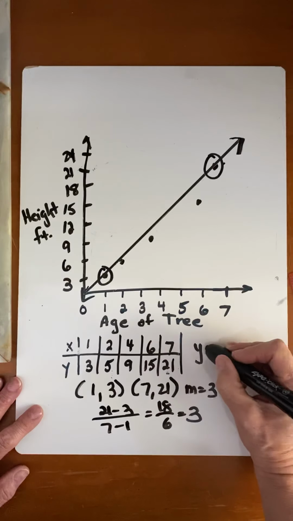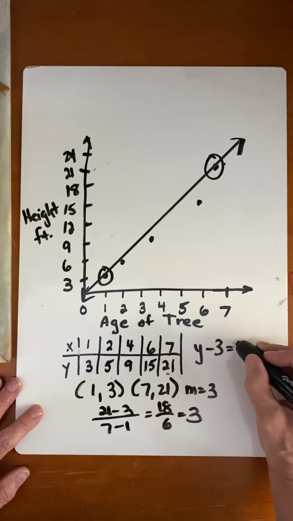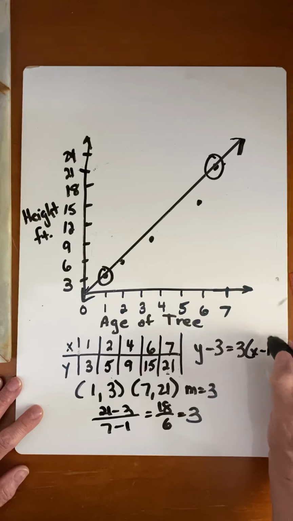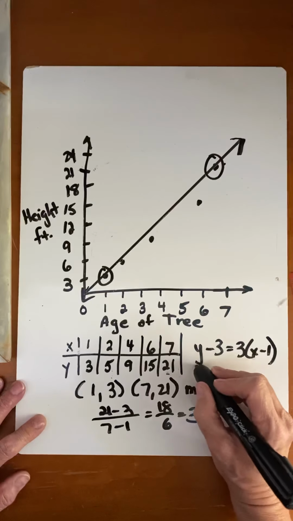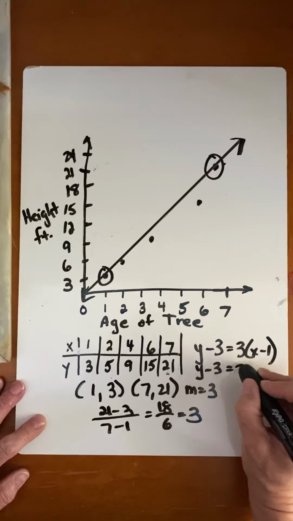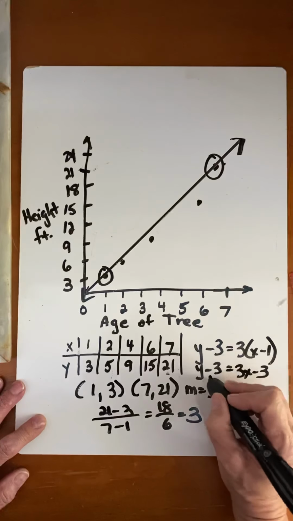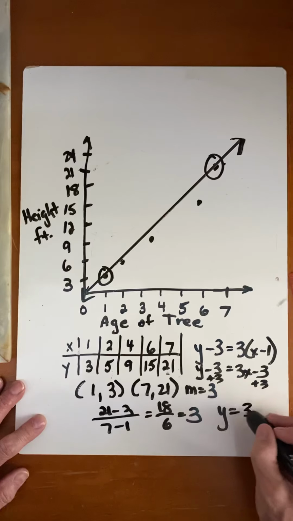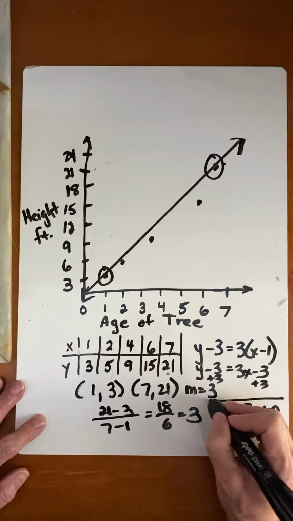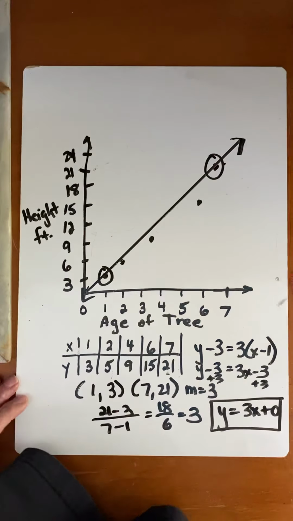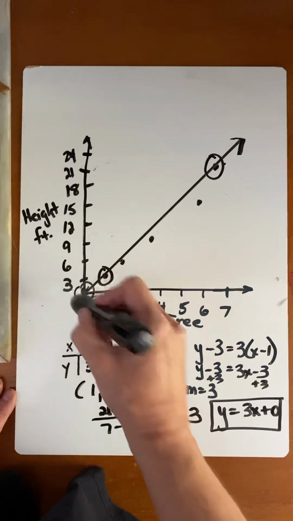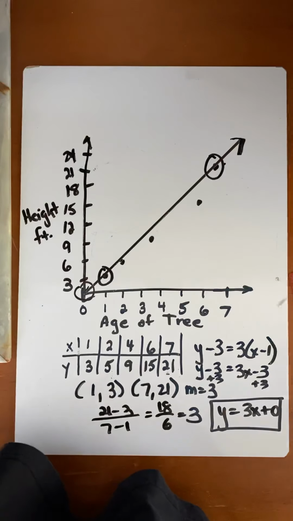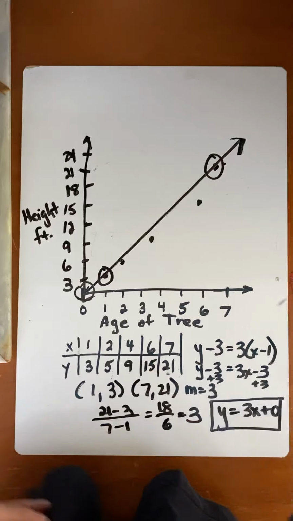I do y minus y sub 1 equals m times x minus x sub 1. This becomes y minus 3 equals 3 times (x minus 1), which is 3x minus 3. Add 3, add 3. y equals 3x. This is my line of fit. Okay? And it seems to make sense because it looks like my y-intercept is 0.